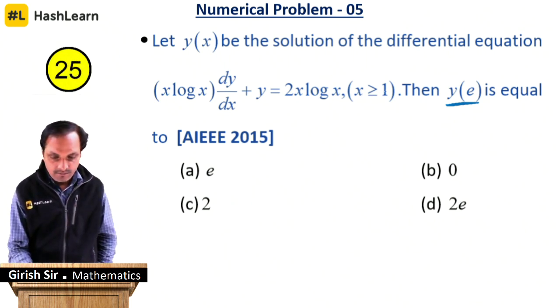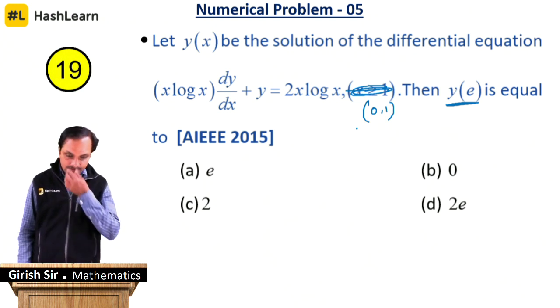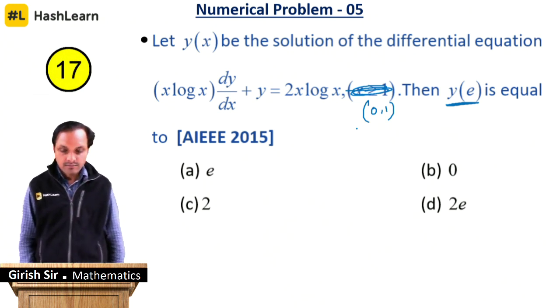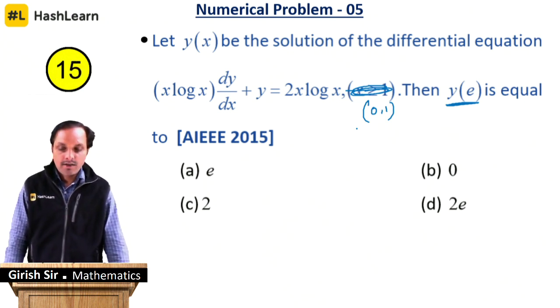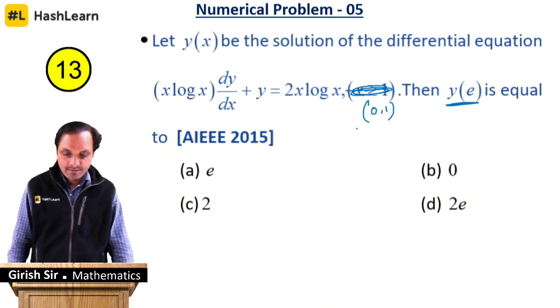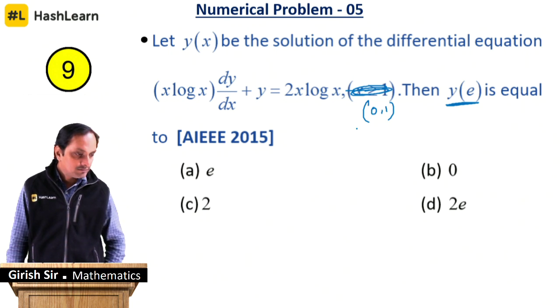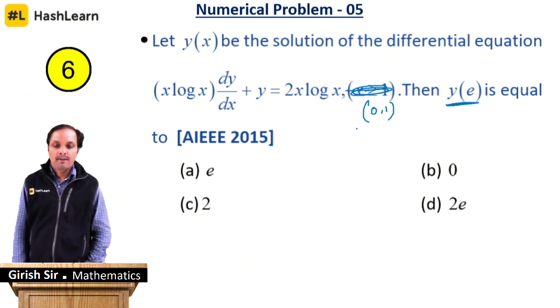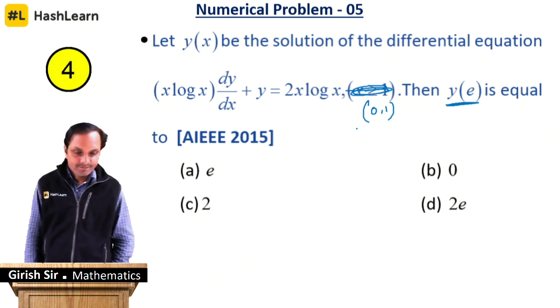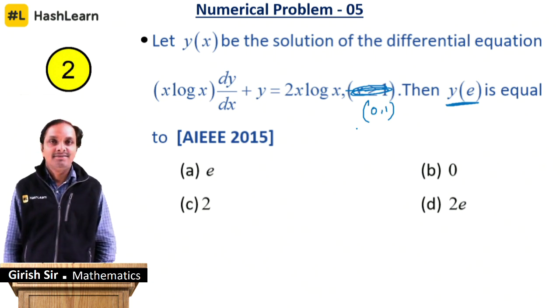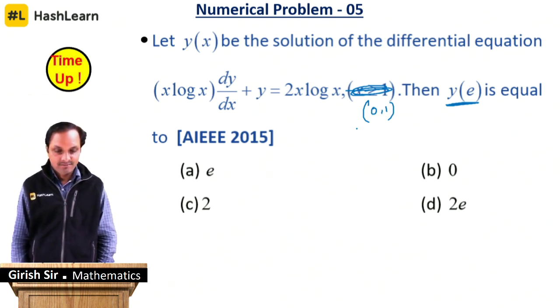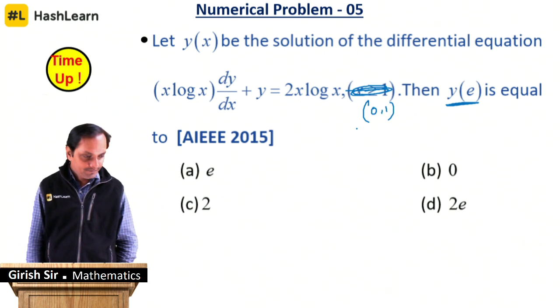So you need to make the changes here. 0, 1 is the point. Take it as 0, 1. Okay, 5 more seconds. Your time is up.